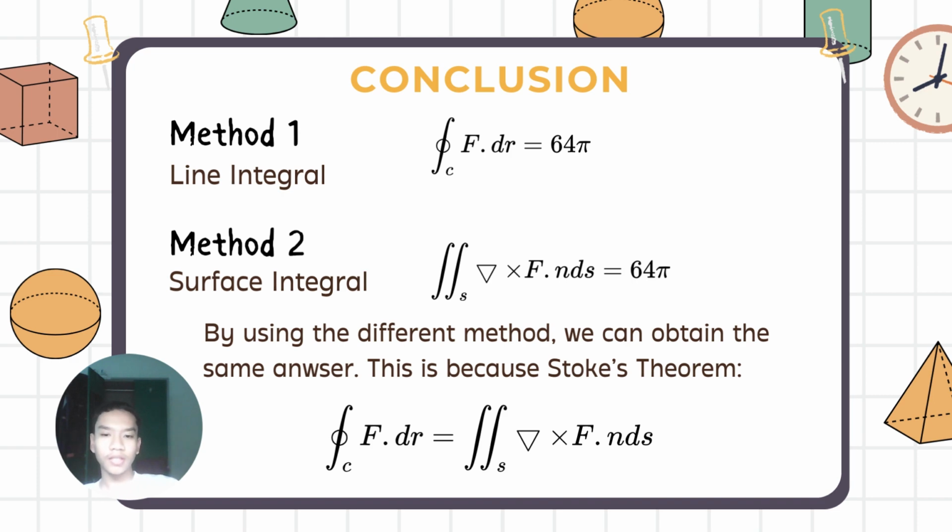By using different methods, we can obtain the same answer, which is 64 pi. This proves that Stokes' theorem states the surface integral of the curl of a function over a surface bounded by a closed curve is equal to the line integral of the particular vector function around that curve.